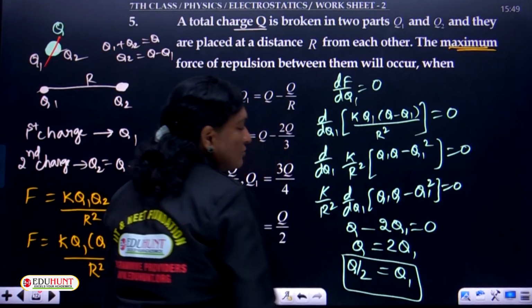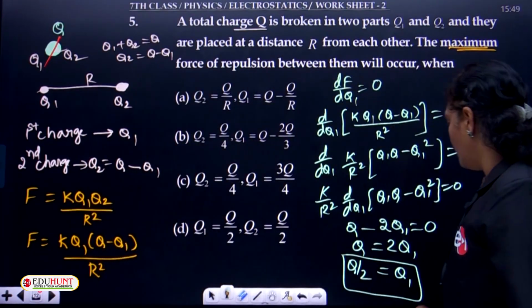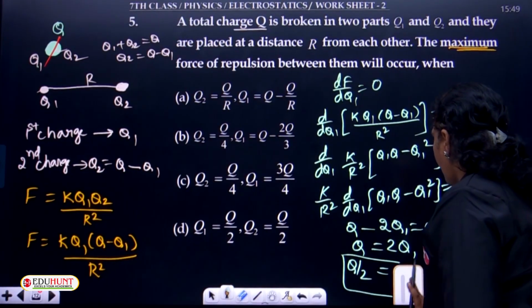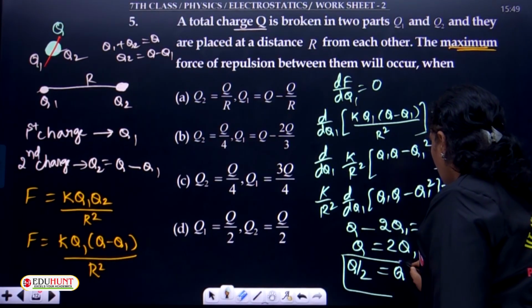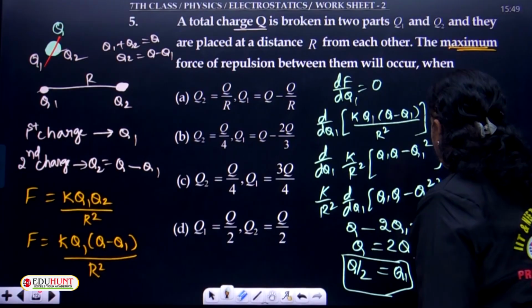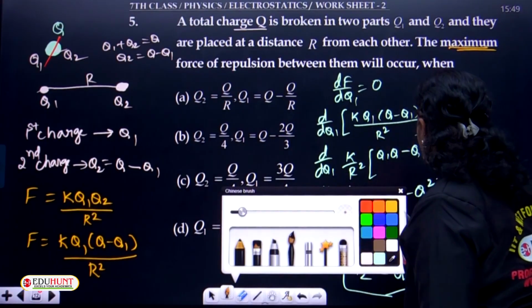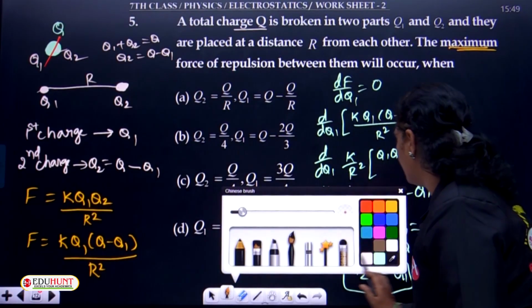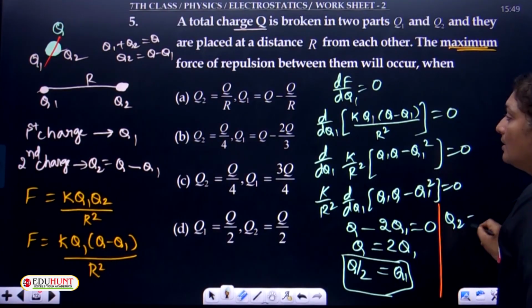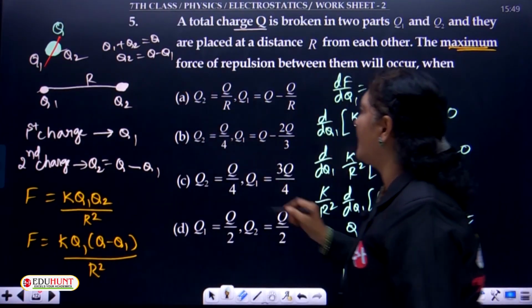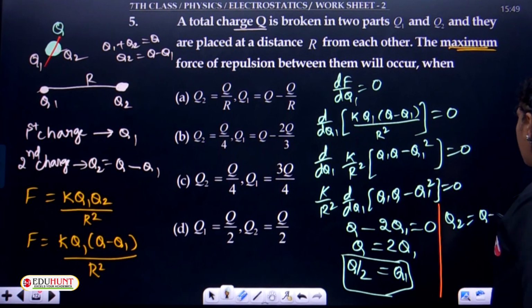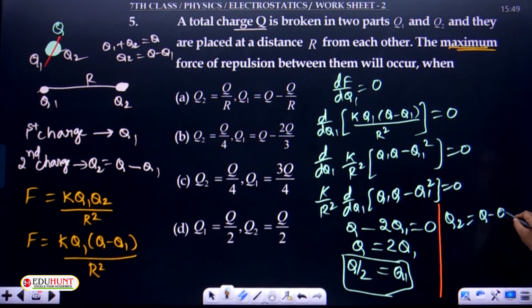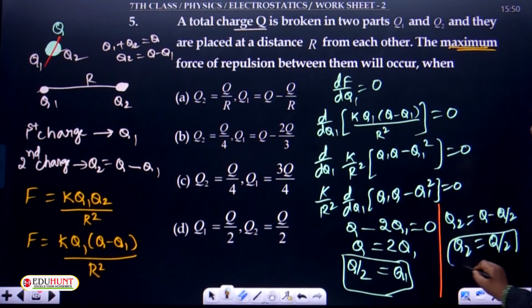If Q1 is Q by 2, then Q2 must be equal to Q minus Q1, that is Q minus Q by 2, so Q2 is equal to Q by 2.